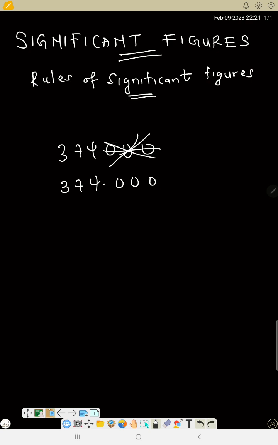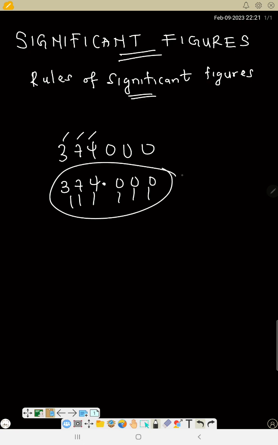That is, zeros that follow a non-zero digit to the right without a point are not significant. So this one is 3 significant figures: 1, 2, 3. But this one with a point, any zero that follows the point, that is after a number, they are important. So this one is 1, 2, 3, 4, 5, 6. So this is 6 significant figures. Why is this one 3 significant figures?